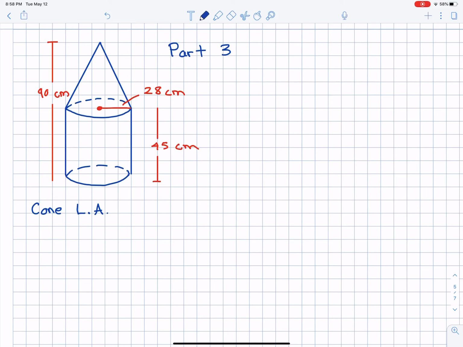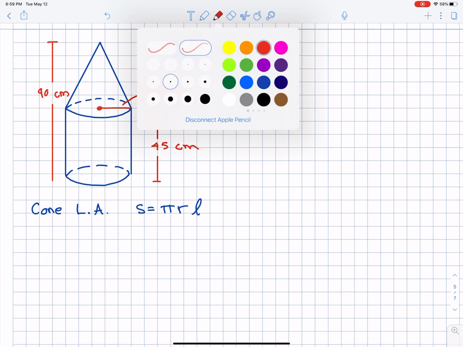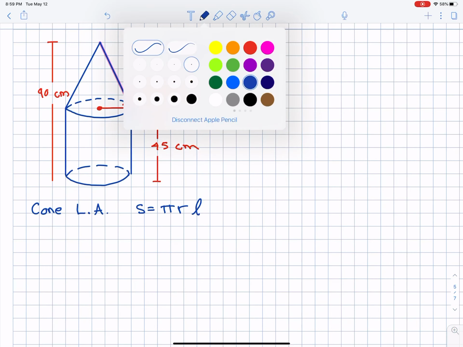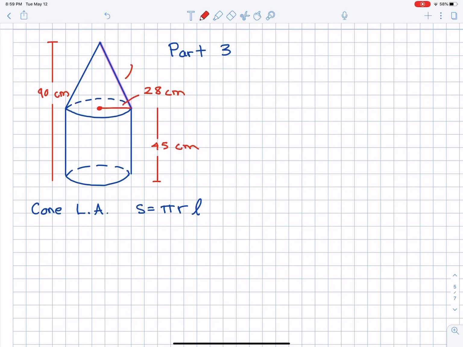In order to find the lateral area of a cone, as we know, the surface area equals pi r L. Now remember, L is the lateral, the slant right there. It's that length. So we need to go and find that piece right there. That is our L. And I'll label that in red.